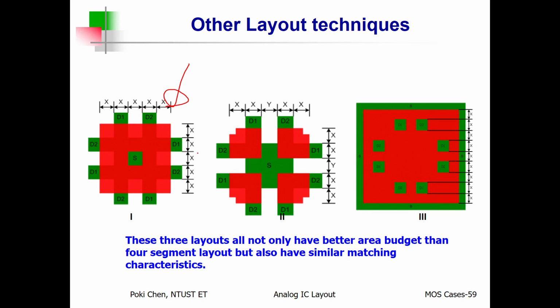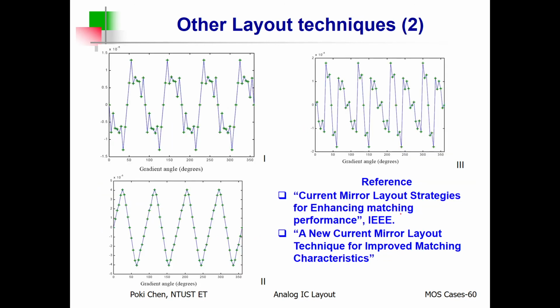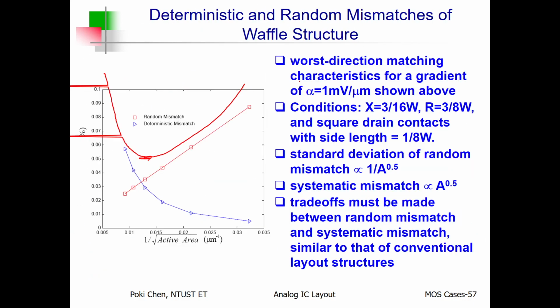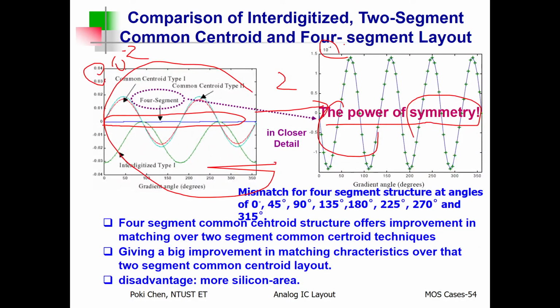Anyway, they provide us the other three patterns. After simulation, according to their smaller layout area requirement, you will see all of them have better performance. Please pay attention to this: minus fifth power of 10. One order less than this one, right?